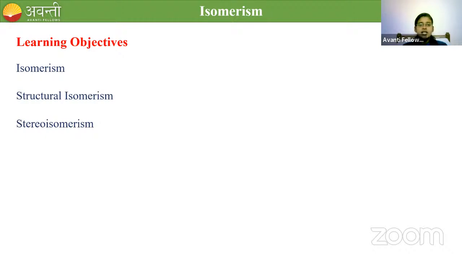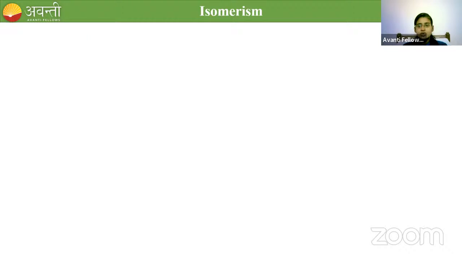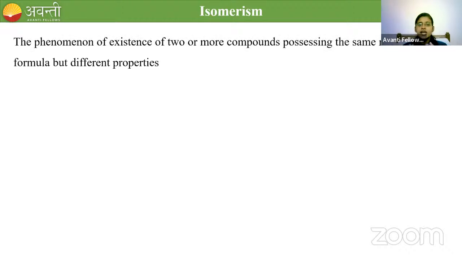Okay. So let us enter into what is isomerism first of all. Isomerism is the phenomenon of existence of two or more compounds possessing the same molecular formula but different properties. Mostly we will discuss two compounds.